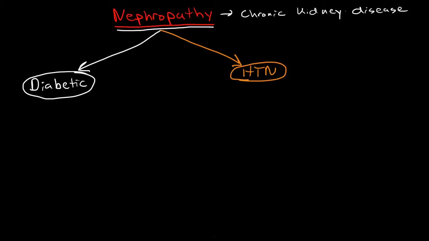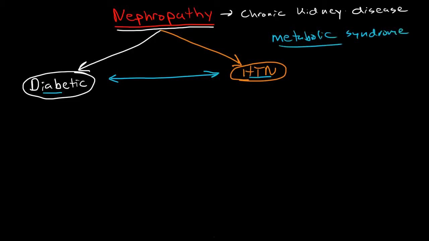However, just understand that the diseases can sort of overlap and interact. In this day and age, diabetes and hypertension sort of come hand in hand and are both involved in metabolic syndrome. And so these diseases can both sort of coexist and exacerbate each other.